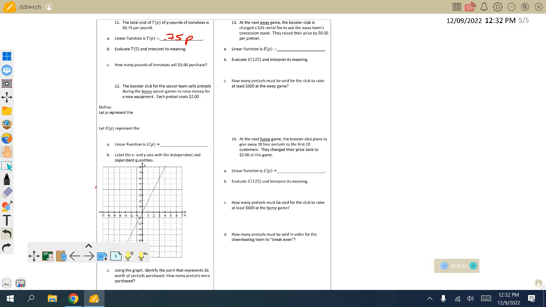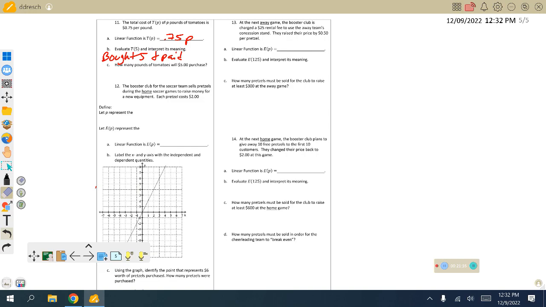Now, what's it say right here? T of 5. What does that mean? We bought how much tomatoes? Yep, we bought 5 pounds.